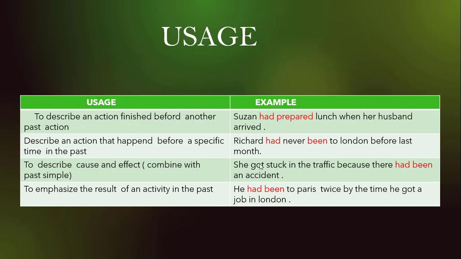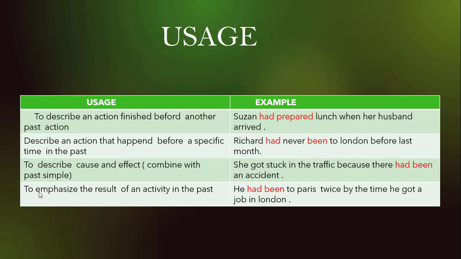Here we have a simple past, got, and past perfect, had been, had plus the past participle of the verb to be, which is been.